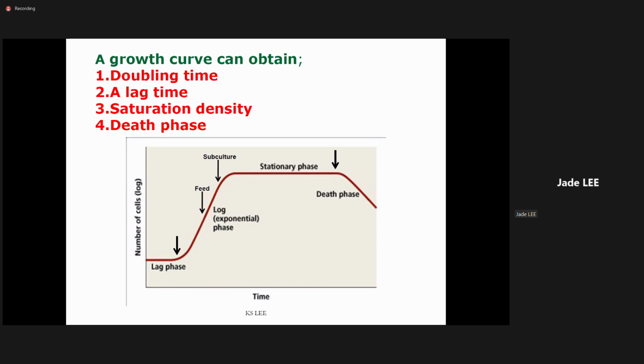If you do not do subculture, the cells will go to the stationary stage, whereby they will not grow and will not be dividing. If this keeps going, they reach the death phase, so all the cells will die and you are losing your cells. So this is the standard growth curve.